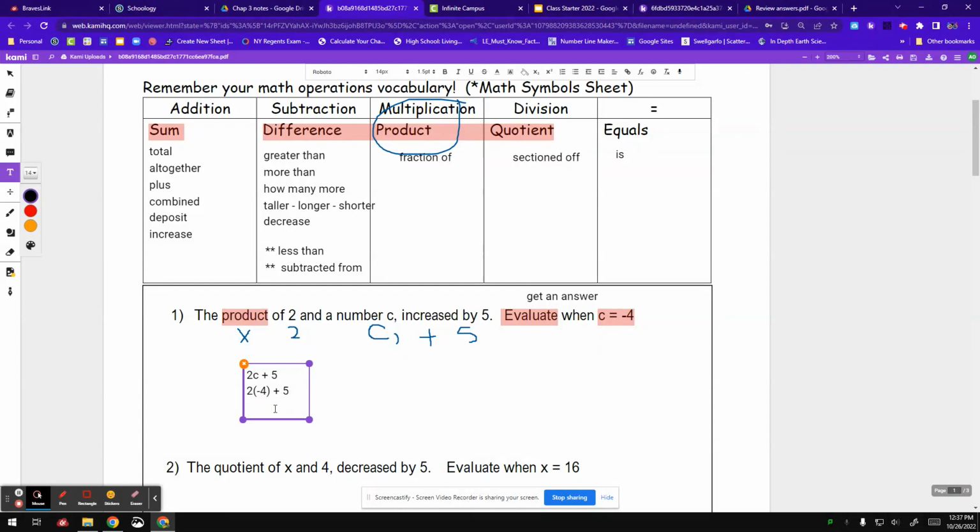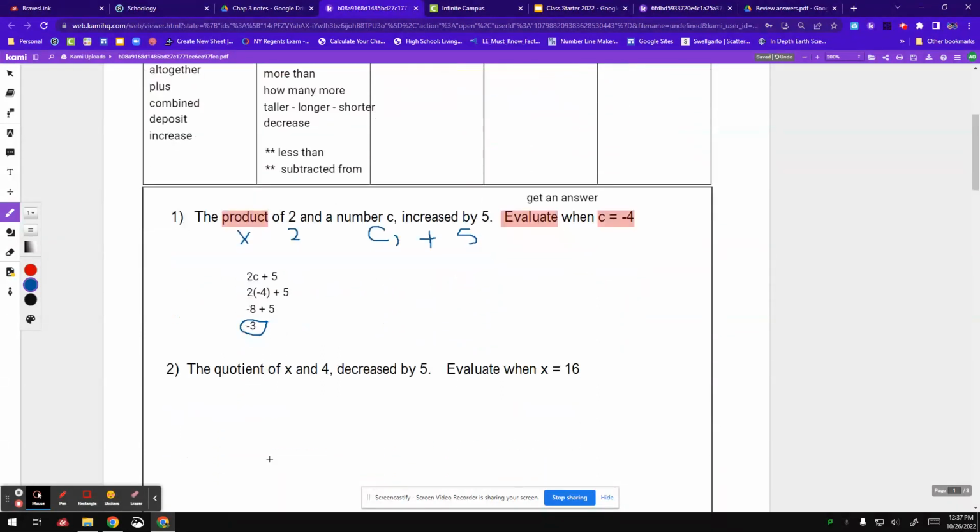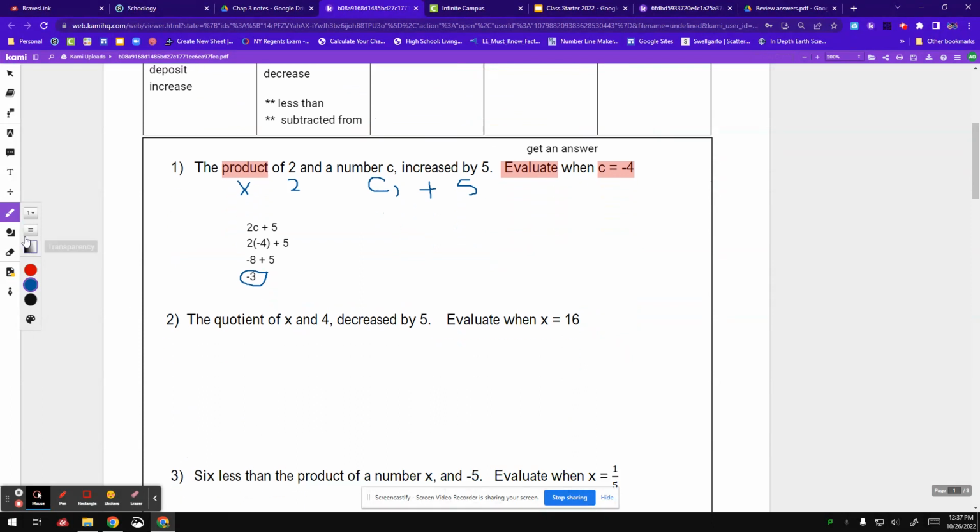Order of operations, since we have all the numbers, means we're going to do -8 plus 5. Different sign subtract. Keep the sign of the bigger. -3. Notice that I worked down like we do in math, and there's no equal sign. I just worked down until I got the answer. That's algebra. It's really going to focus on that.